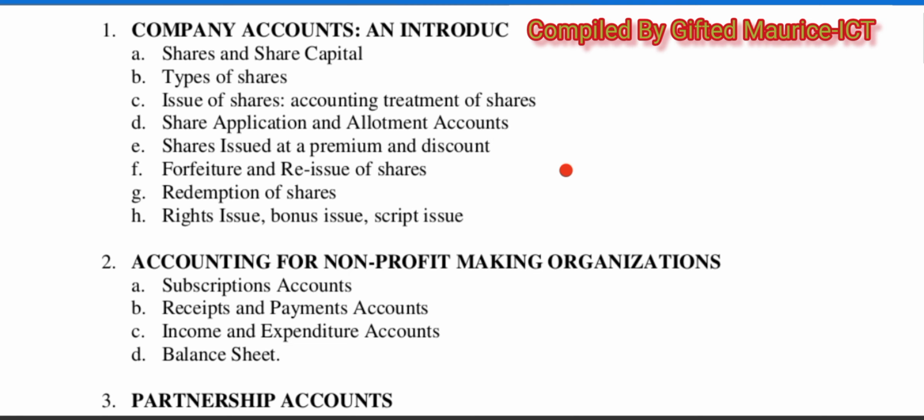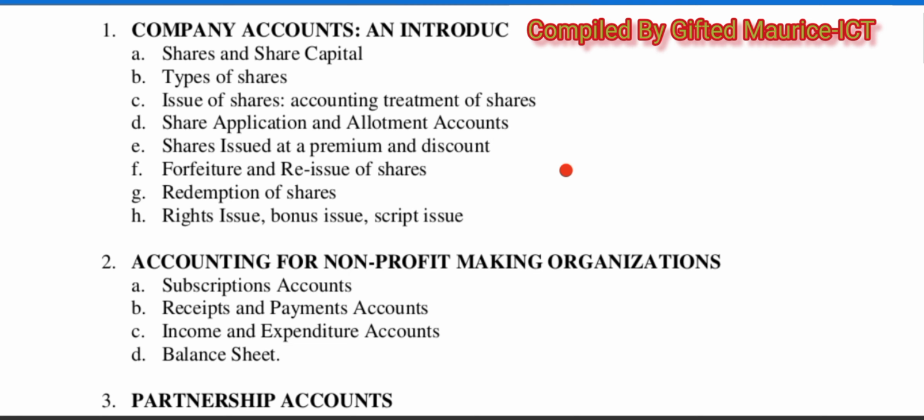So assuming that you have 100 units of shares and each unit is 100 shillings, then that tells you that the 100 shares will be equal to a value of 100 shares multiplied by the value of each share, which is 100 shillings.